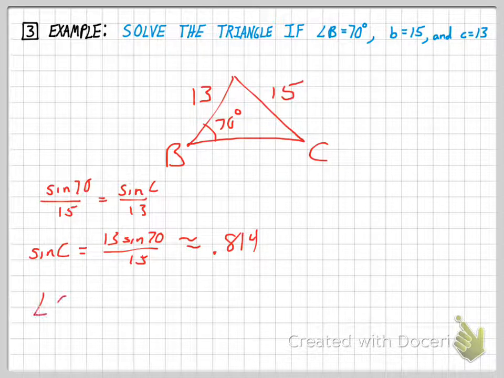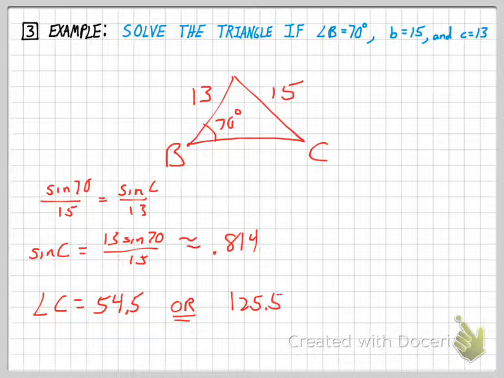And when I find angle C, I'm going to do the inverse sine, and I get 54.5, or I also get 180 minus that, which is 125.5. Okay, when I go on to find angle A, that's going to be at the top of my triangle here, I have to think about both cases.